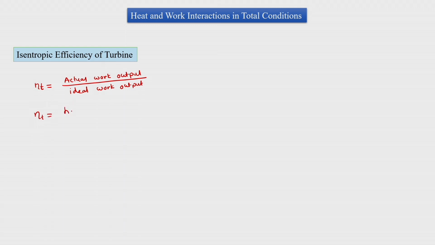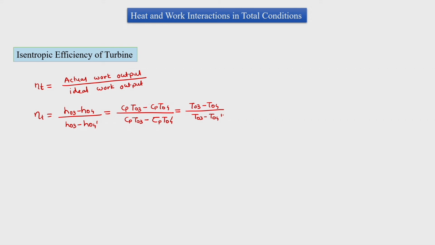So, we have H03 minus H04 as the work done, which ideally would have been H03 minus H04 dash. In terms of Cp, it is Cp into T03 minus Cp into T04 divided by Cp into T03 minus Cp into T04 dash. So, we have T03 minus T04 divided by T03 minus T04 dash.